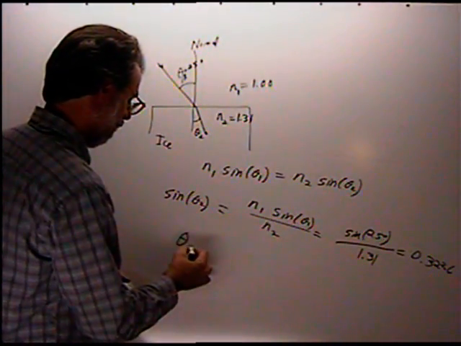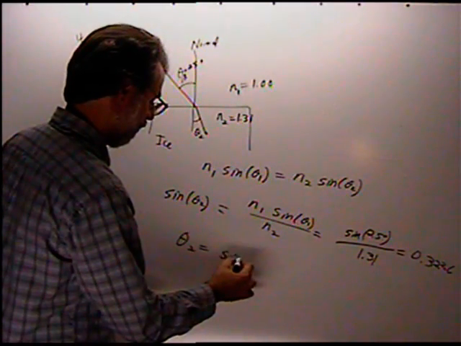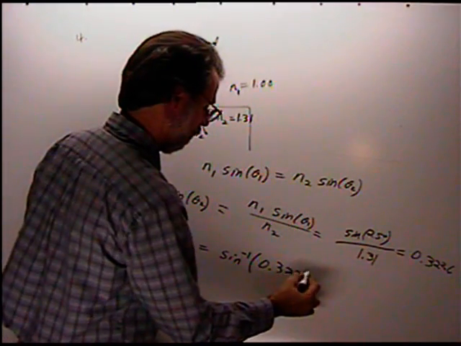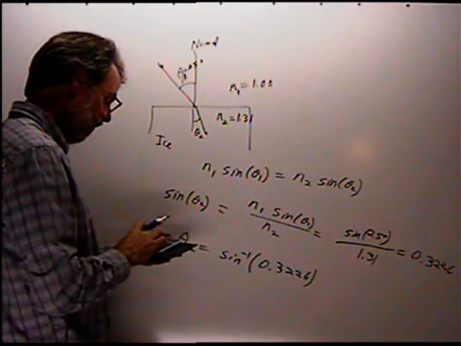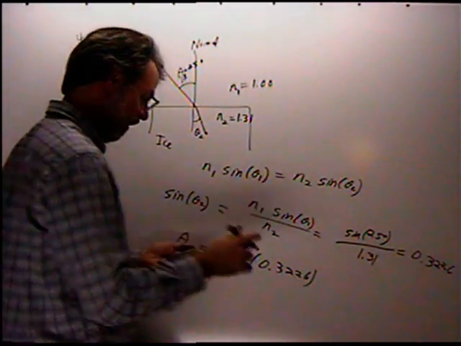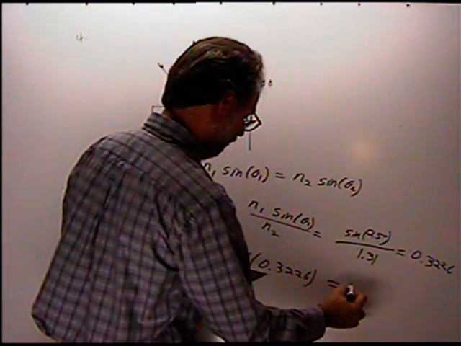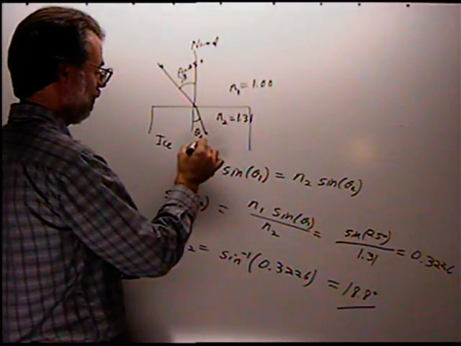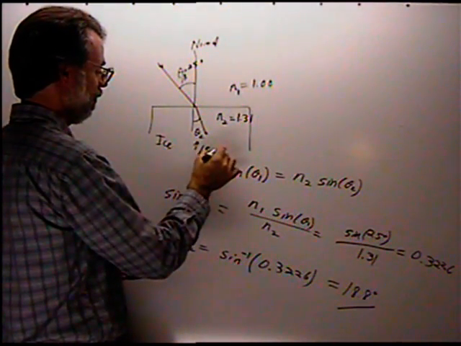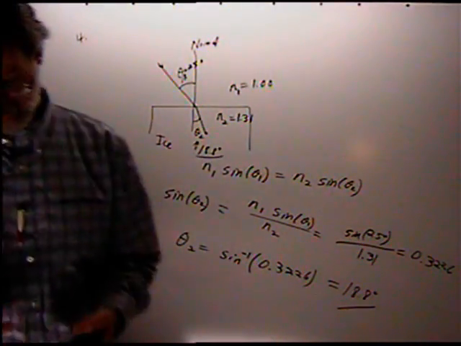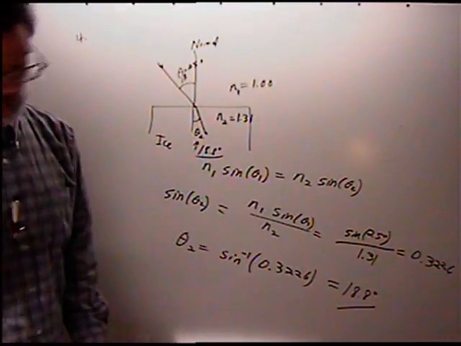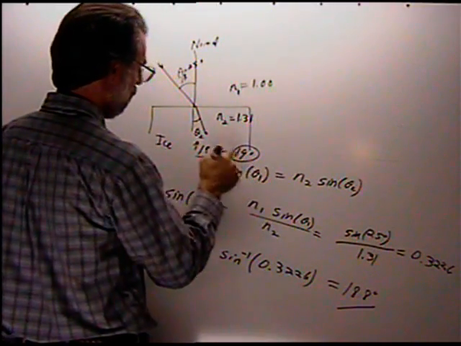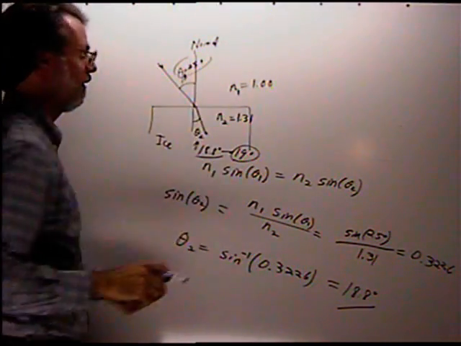The angle now is simply the inverse sine, or the arc sine, of 0.3226, and I get that that angle is 18.8 degrees. So that's what this angle is here, 18.8 degrees. Or I should really round this off to 19 degrees, two significant figures here because I have two significant figures here.